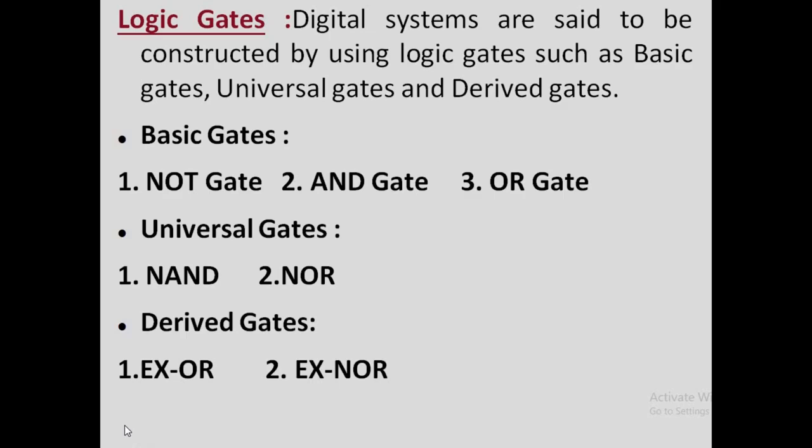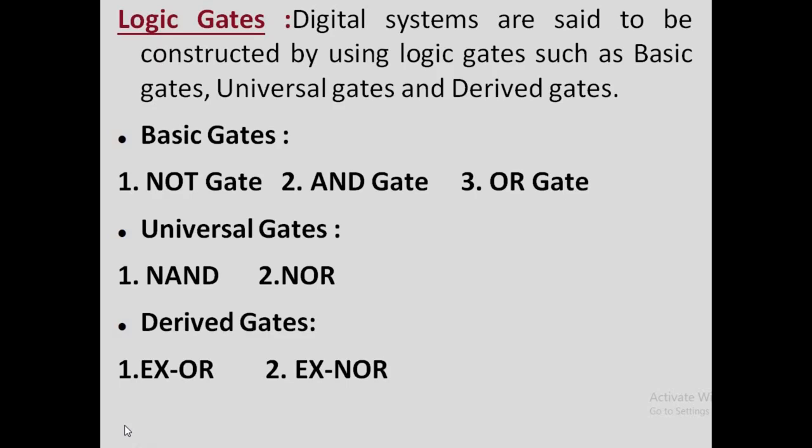Now let us see next topic of first unit, that is logic gates. Digital systems are said to be constructed by using logic gates such as basic gates, universal gates and derived gates. In logic gates there are different types of gates that are categorized into 3 parts.